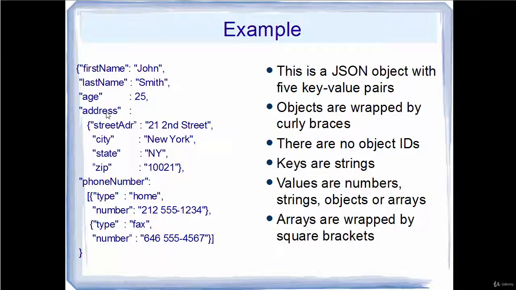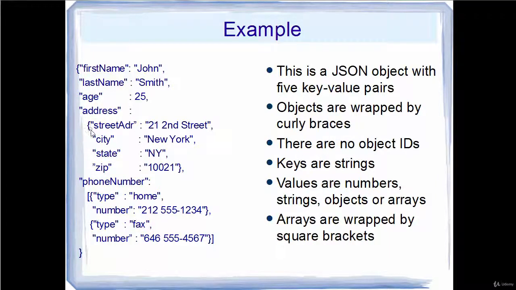Now address can be a little bit complex because the address may contain a street and the city name and the state name, for example, and the zip code, right? So this data you can send in the form of an object. And what is an object? An object is also a combination of key value pairs, and you can see using these curly brackets you can define key value pairs, and because it's in these curly brackets it becomes an object of address, right?